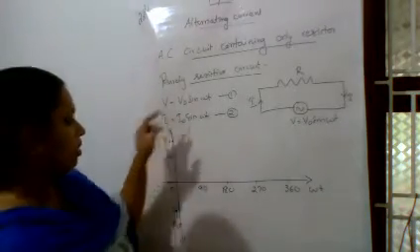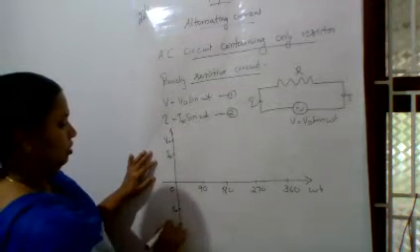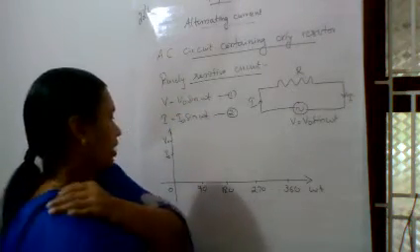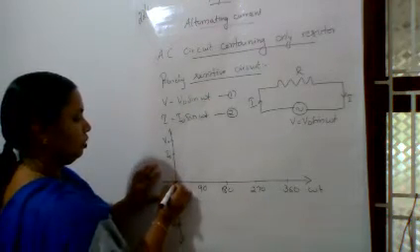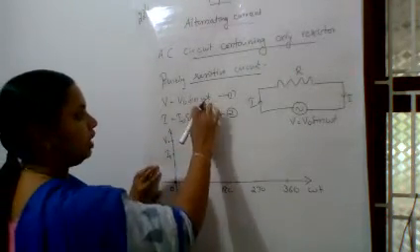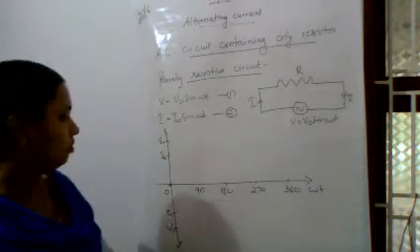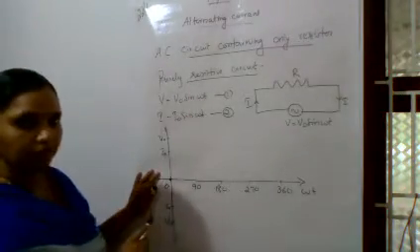First we can plot this E0. We can plot for the first equation, omega t. Omega t 0 means sin 0 is 0, the point comes here. Omega t 90, sin 90 is 1, we know.